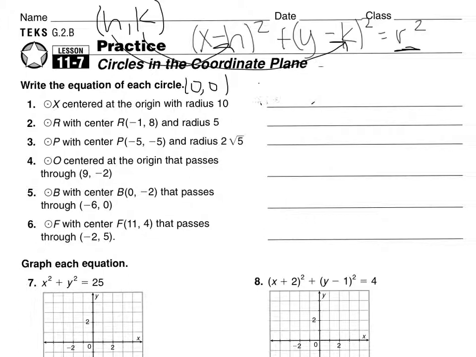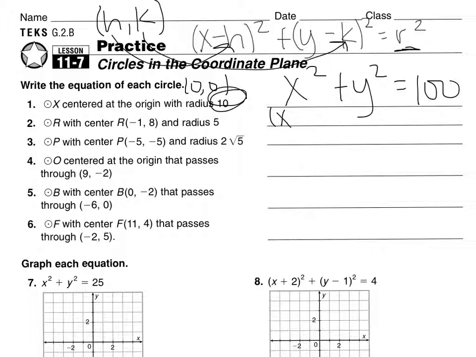So all I have to put is x squared plus y squared equals 10 squared, and 10 squared is 100. Okay, so then for this one, x minus a negative 1 would be plus 1 squared, plus y minus 8 squared equals r squared, and r is 5, so r squared would be 25.